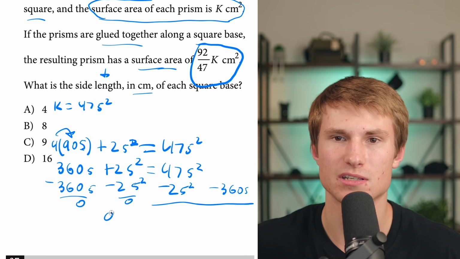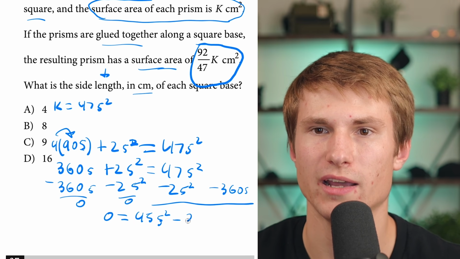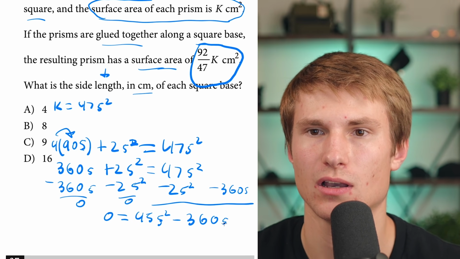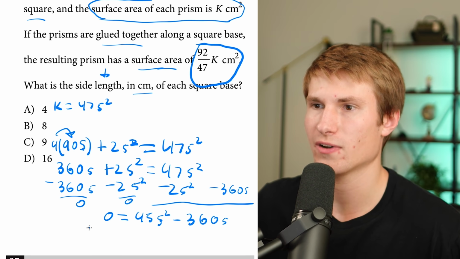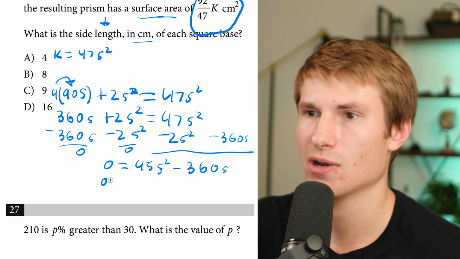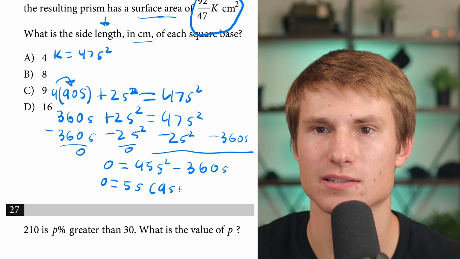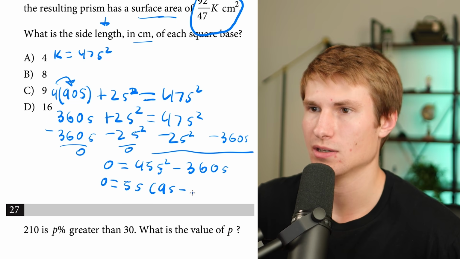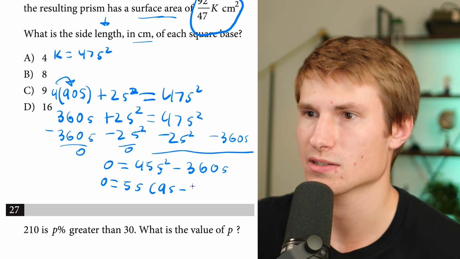Once we've done that, we see that 0 is going to equal 45s squared minus 360s. From here, we can factor out 5s from both that 45s squared and that negative 360s. So once we do that, we'll have 0 is equal to 5s times 9s minus, it looks like that's going to be 360 divided by 5, which will give us 72.